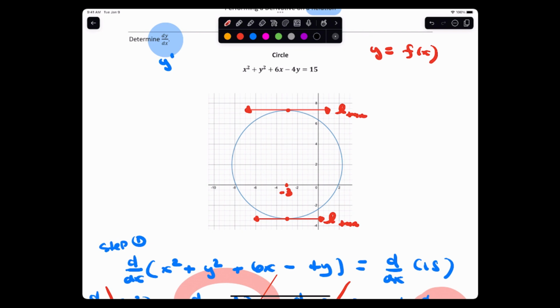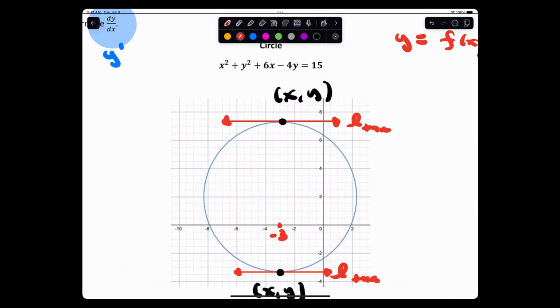Now, here's the deal. We answered the question. These values of x give you horizontal tangents. They didn't ask you, though, for the y coordinate. They didn't ask you for the location. Sometimes they do, sometimes they don't. But if you said to me, what if they ask us for the location, the point? Well, you've got to plug in.